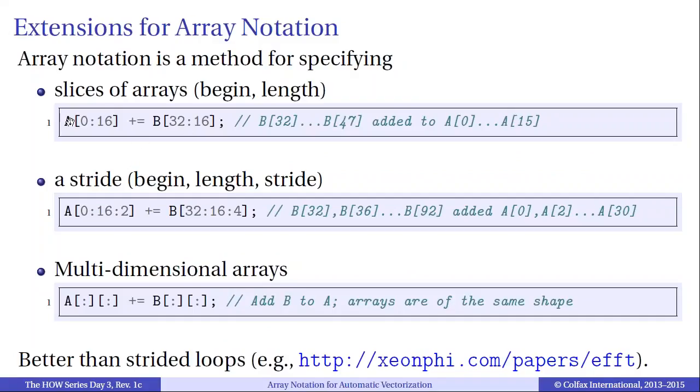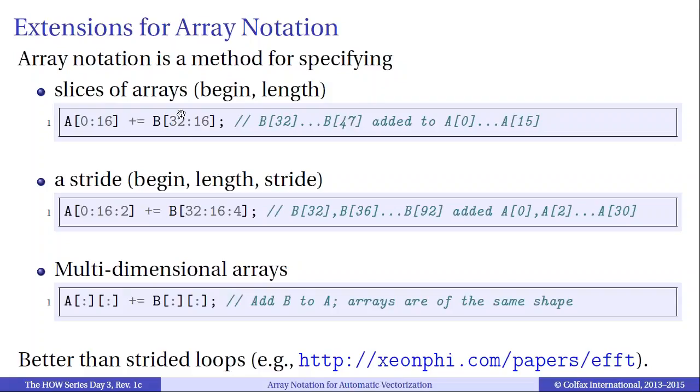So Fortran programmers will recognize this notation, but I want to warn Fortran programmers that the syntax in C is slightly different. A[0:16] means that I want to apply some operation to 16 numbers starting from 0. For array B, I want to take 16 numbers starting from 32.